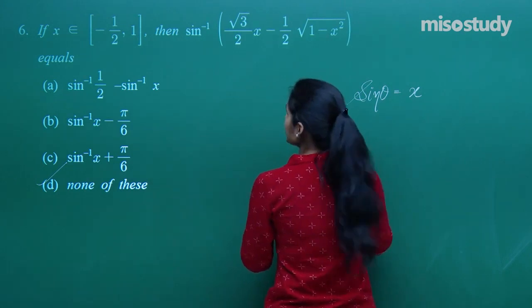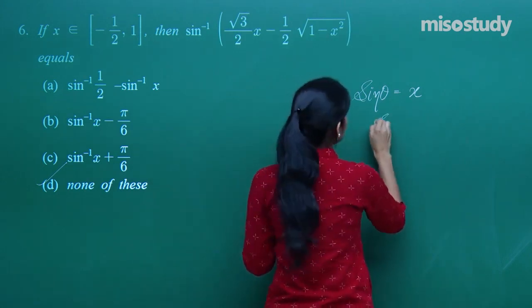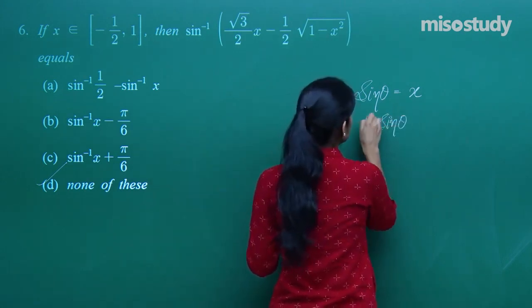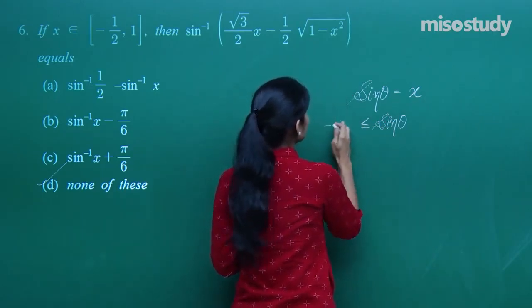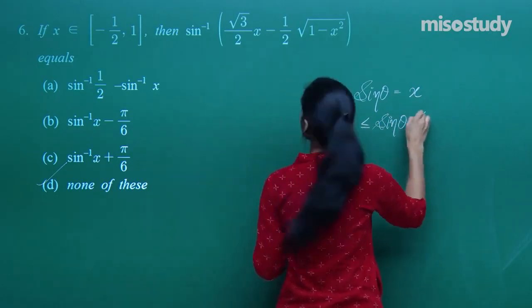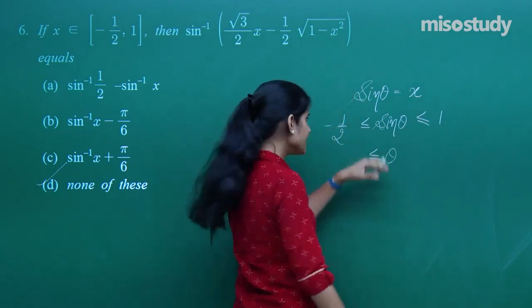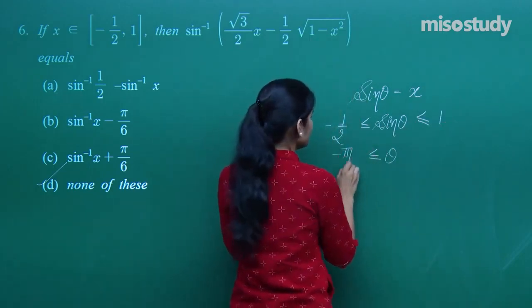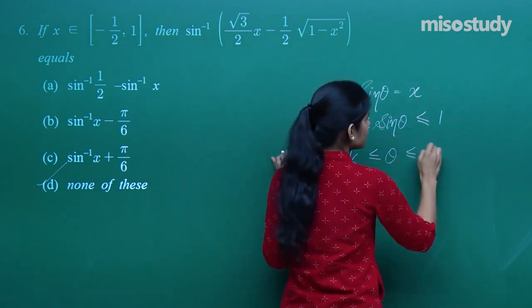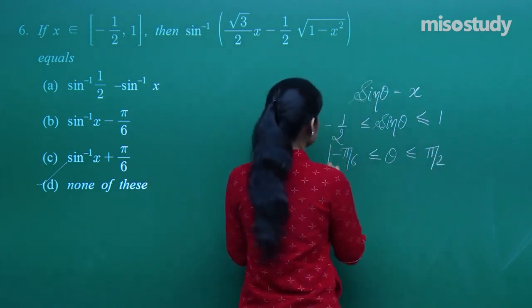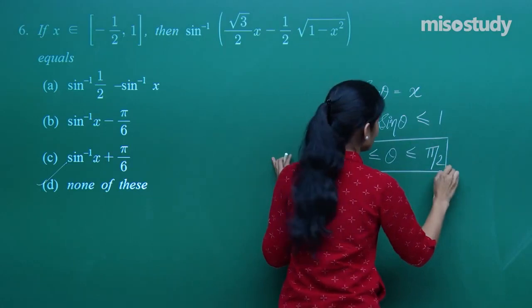Now it is given that x is lying between minus 1 by 2 to 1, that means sine theta is lying between minus 1 by 2 to 1. So theta is basically lying between what? Sine inverse of minus 1 by 2, that is minus pi by 6, to sine inverse of 1. This is the very range of theta.